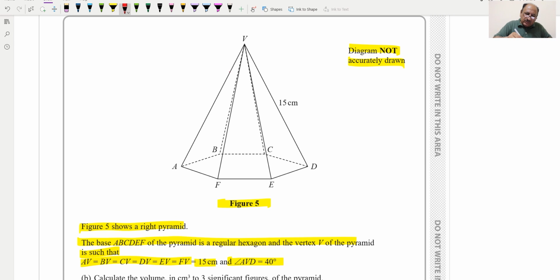AVD is this complete angle. If we draw a right angle triangle up to the base like this, this angle will be half of 40, which is 20 degrees.